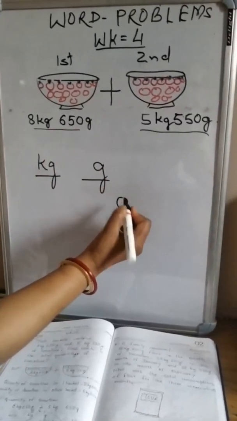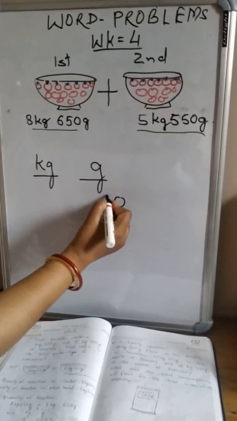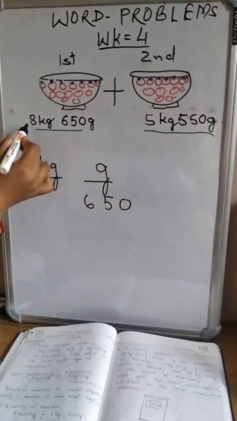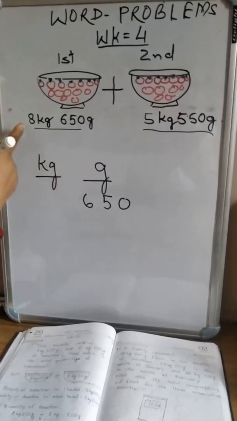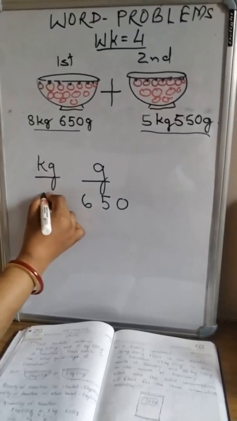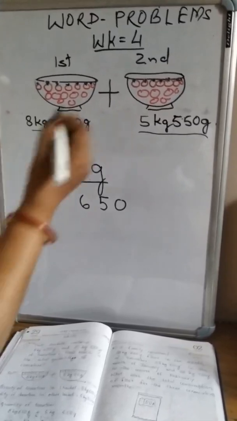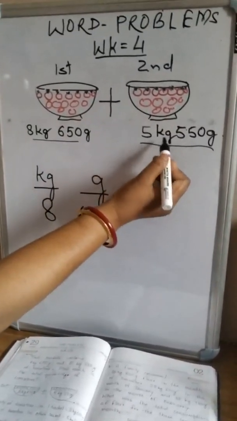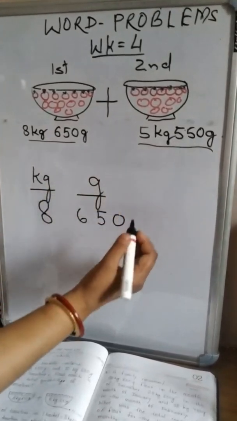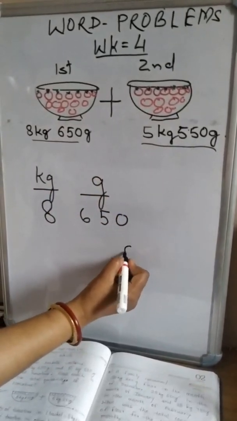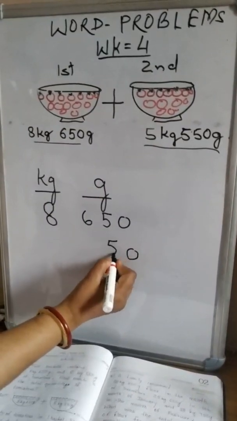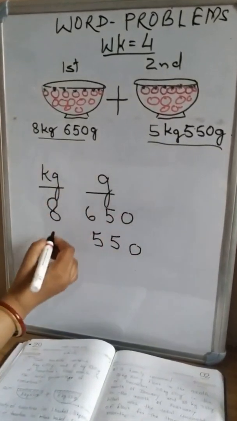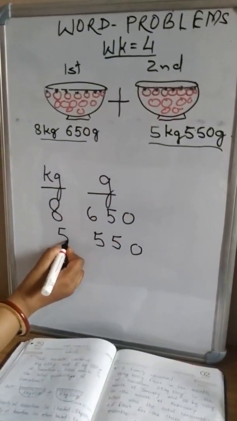Start writing from right to left: 0, 5, 6. Now write the kilogram quantity in the kilogram section. It is 8. Now insert the quantity of the second basket, 5 kilogram 550 gram. Start from here: 0, 5, 5. 550 gram and 5 kilogram. 5 is just below 8.